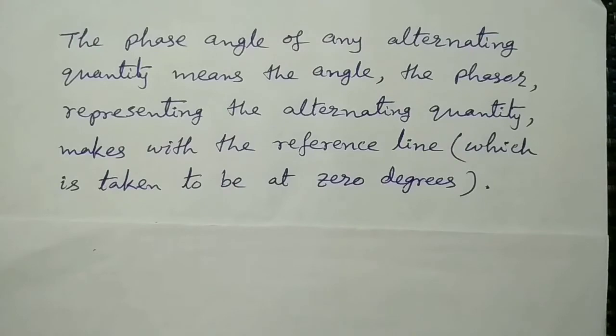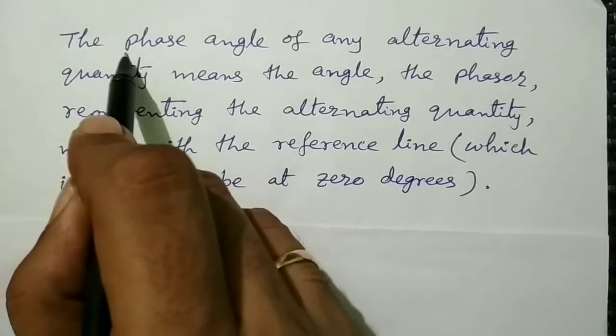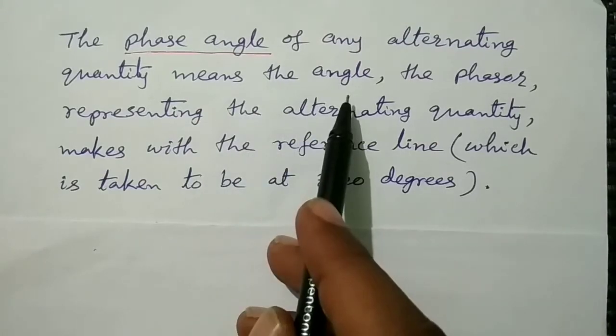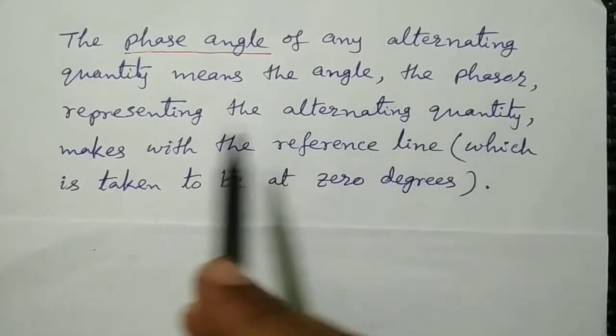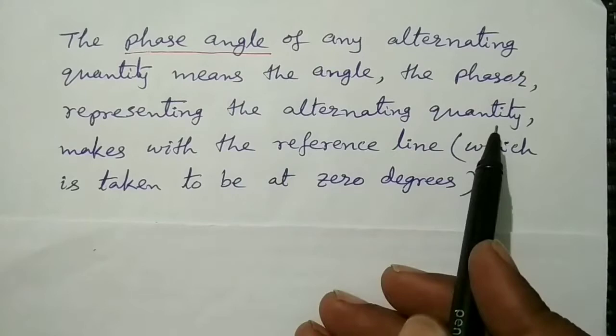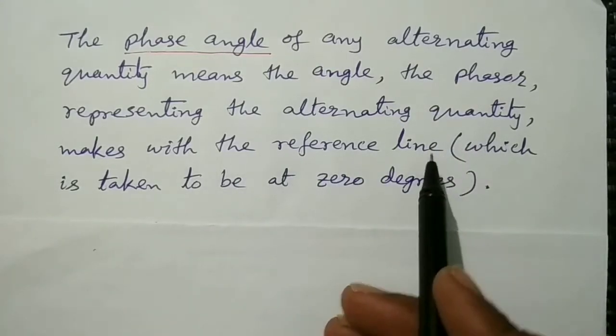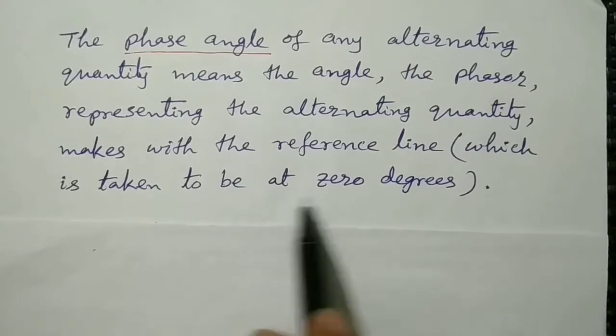Now the phase angle. The phase angle of any alternating quantity means the angle the phasor representing the alternating quantity makes with the reference line, which is taken to be at 0 degree.